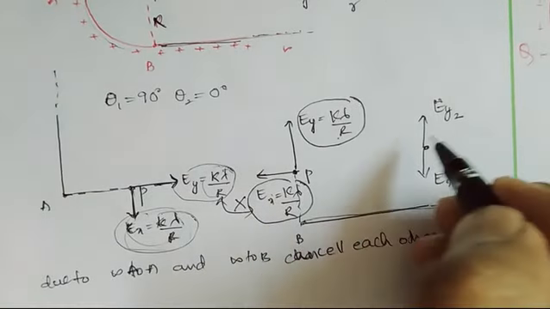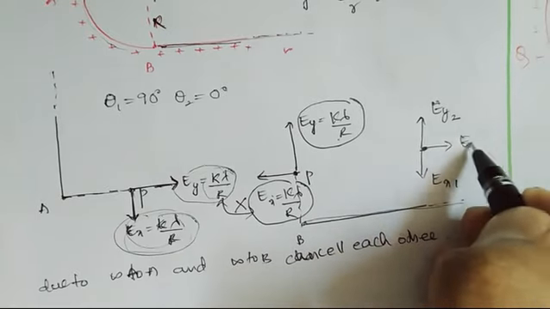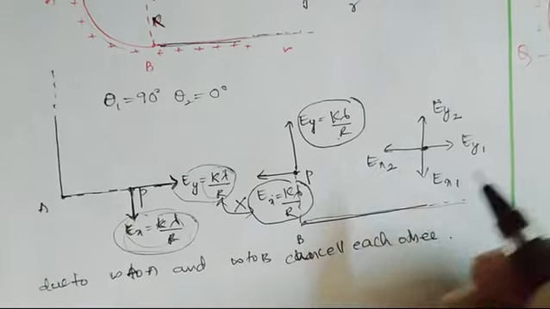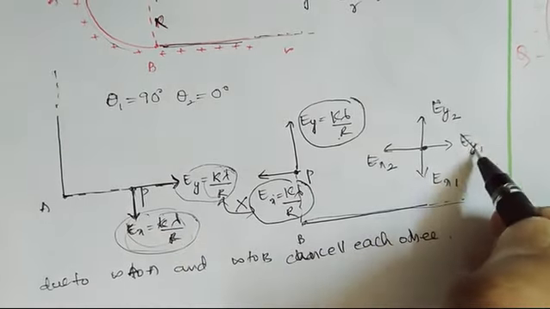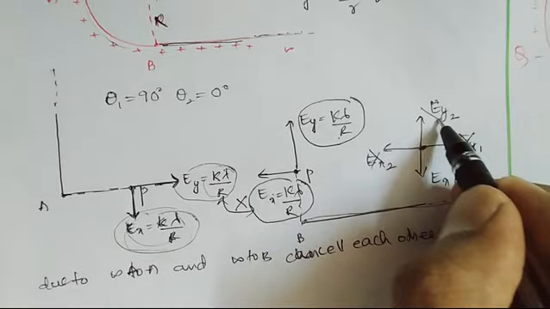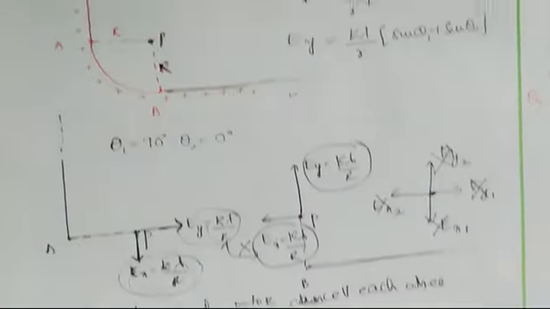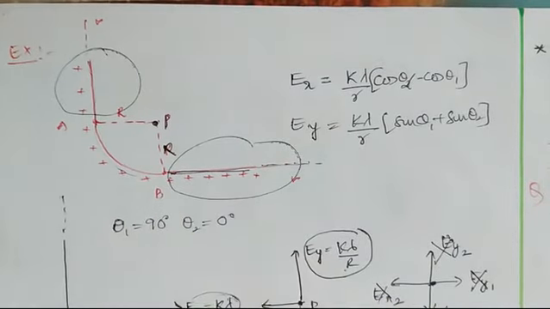Likewise, Ey due to the first wire and Ex due to the second wire. All quantities are the same, so they cancel. Therefore the electric field due to this wire and this wire cancels with each other.